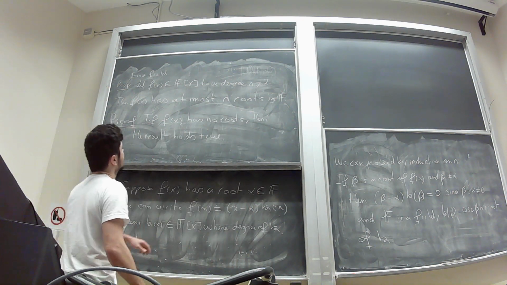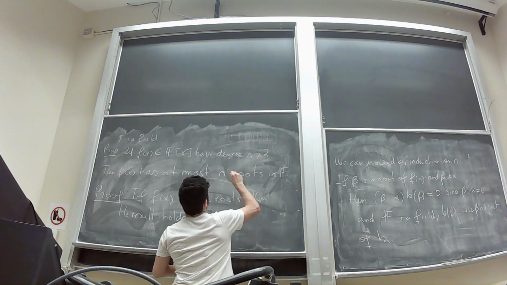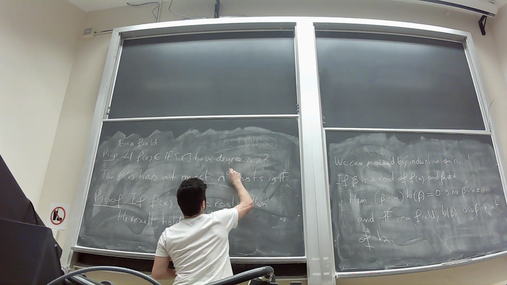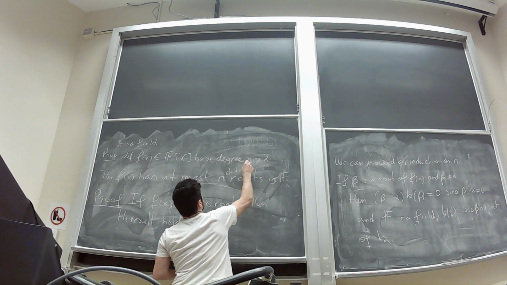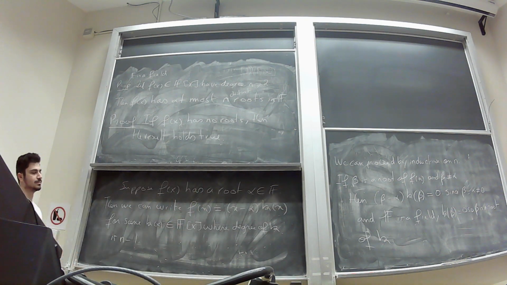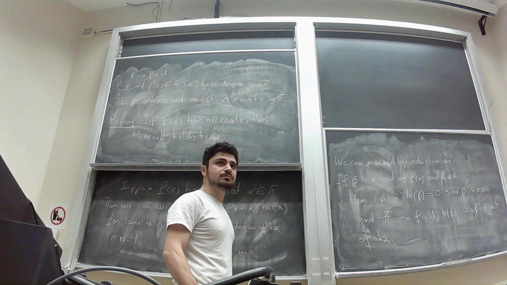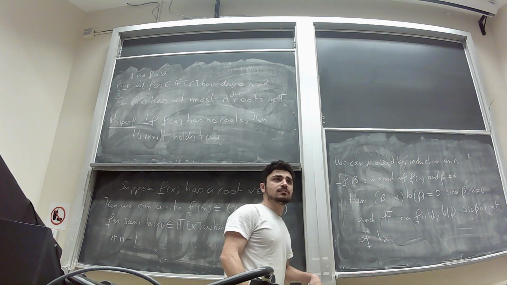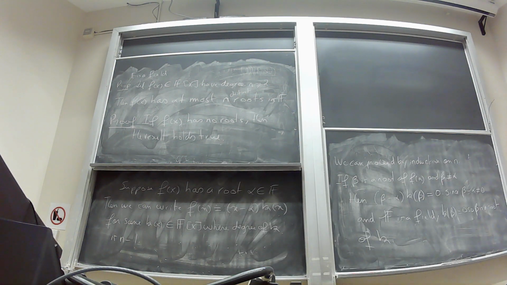At most n distinct roots. Well, let's see. You see that? Now we can set up our induction. So what would our induction step be here? Could you break up k into a similar expression?